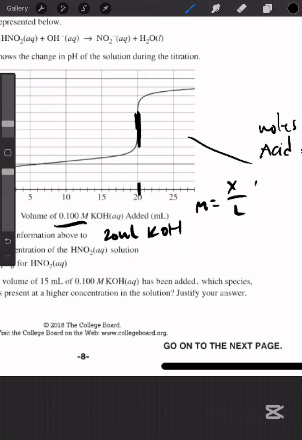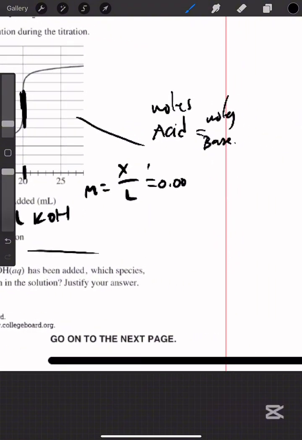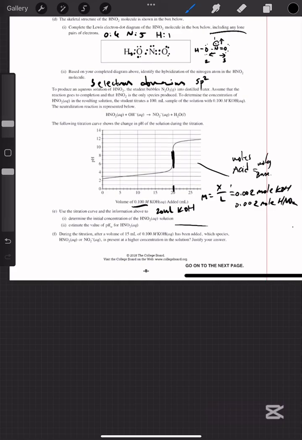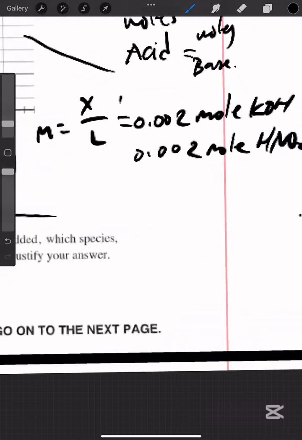Okay, so plug the numbers in. We get 0.002 moles of potassium hydroxide added at the equivalence point, which means the same number of moles of acid at this point in the titration.